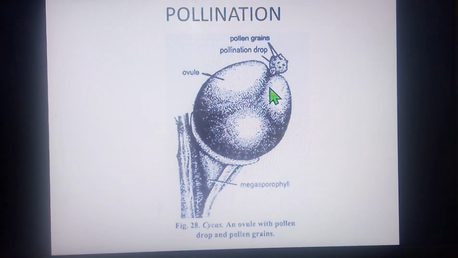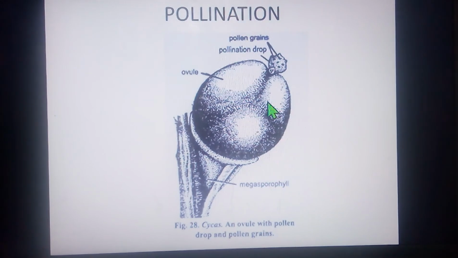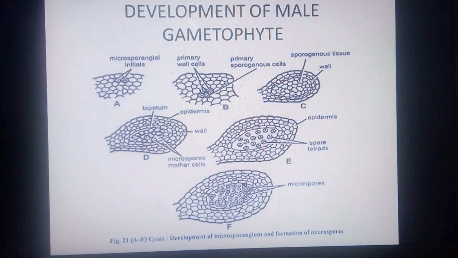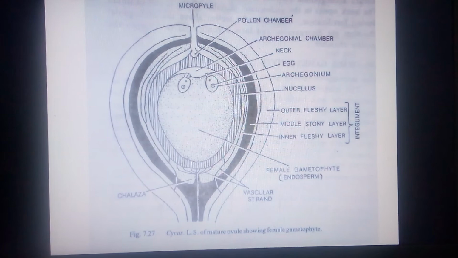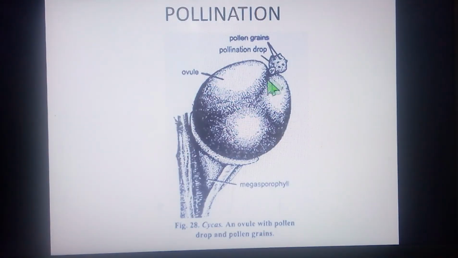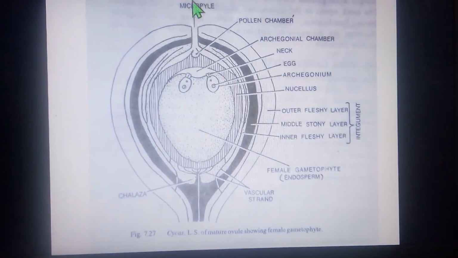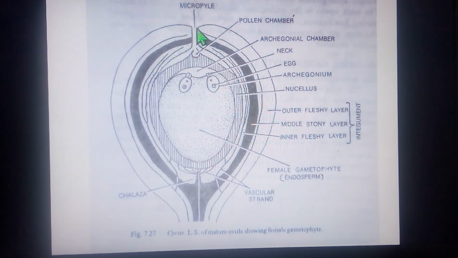Then due to the further drying up of the pollination drop, the pollen chamber is closed. When the pollen grains are inside the ovule, they are caught up in this pollen chamber, and due to the further drying up of the pollination drop, the pollen chamber is closed.